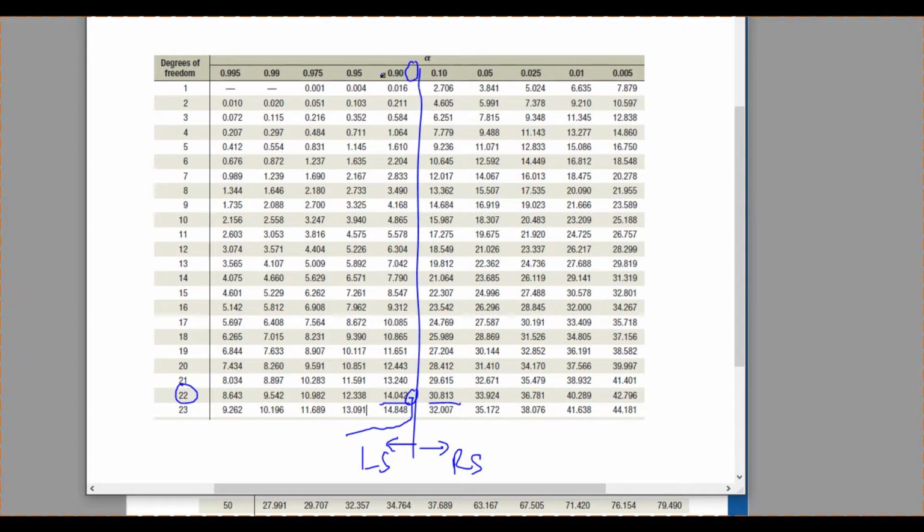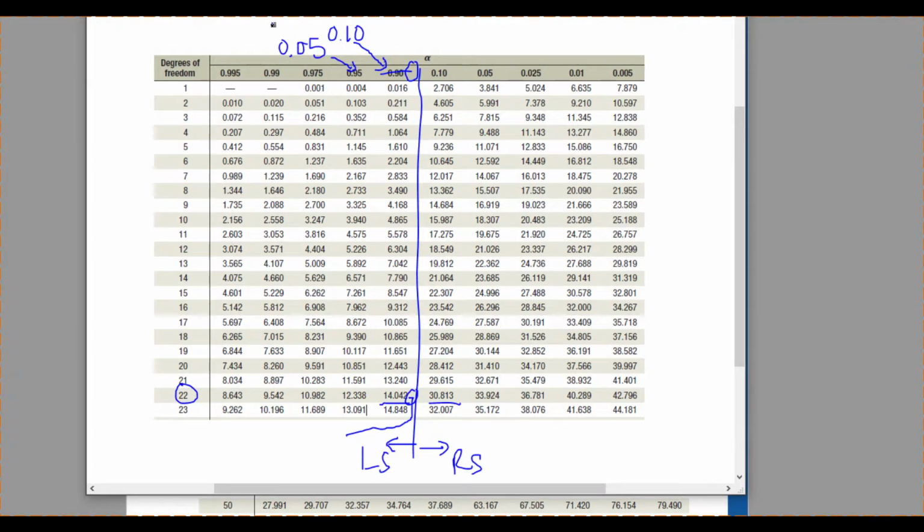So this will now be 0.10, because 1 minus 0.9 is 0.10, and this will be 0.05 if you do 1 minus.